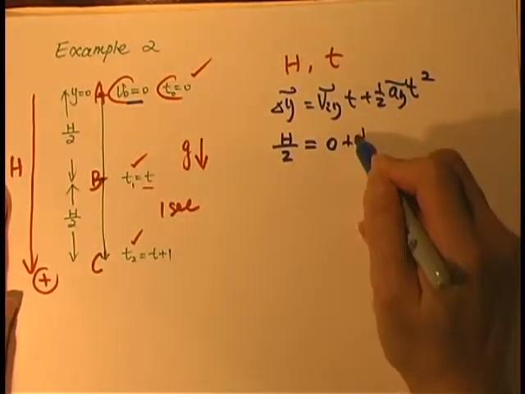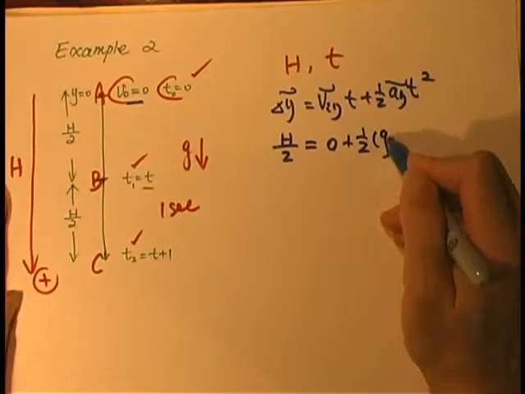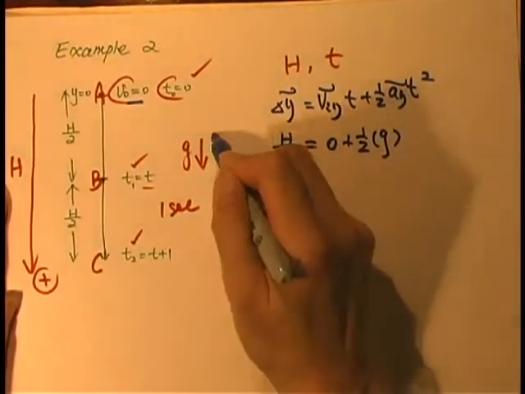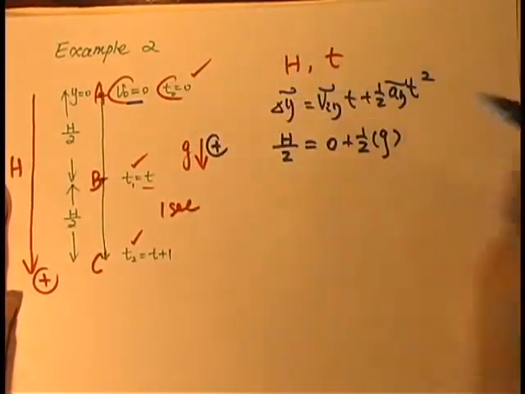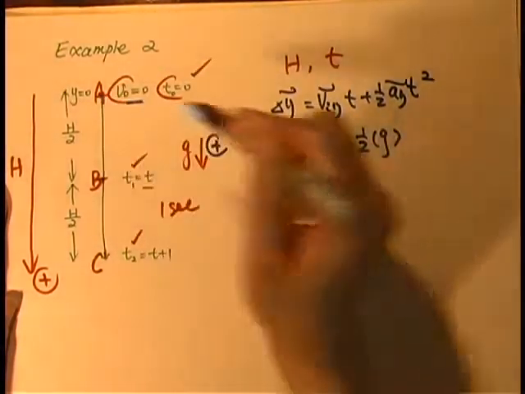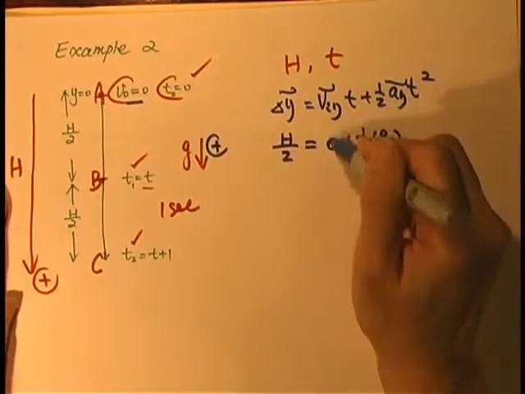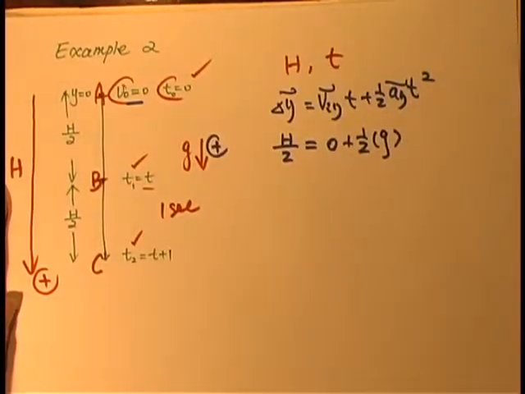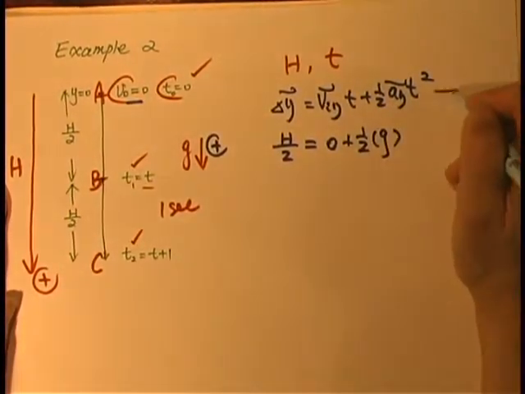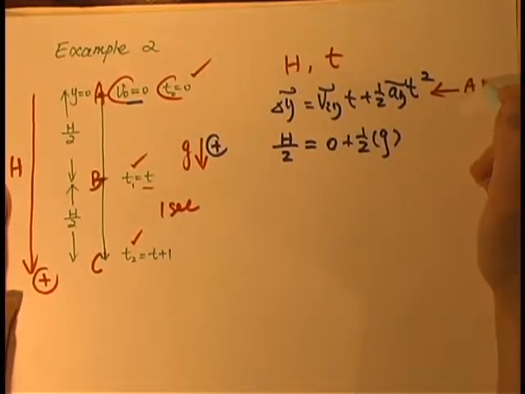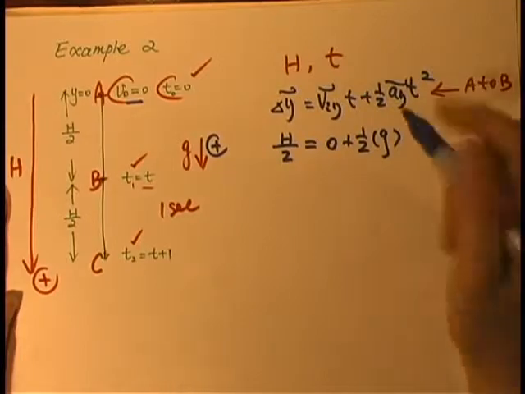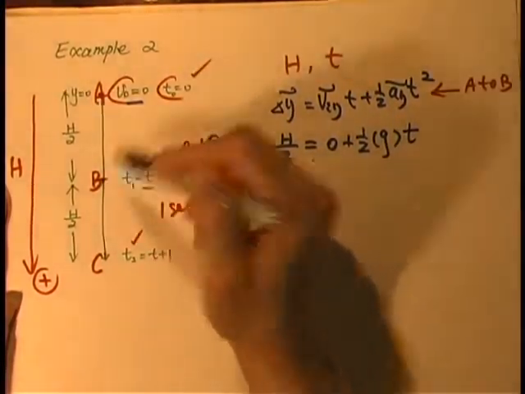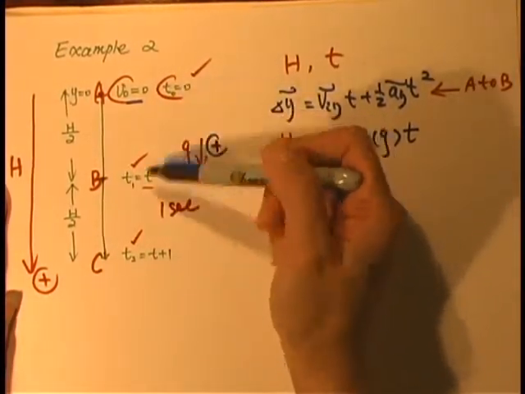And plus 1 half ay, which is positive g, because down is positive. t squared. We apply this equation because it's half h, from initial. Initial velocity is 0, so it's from A to B. So we apply this equation from A to B. The time is t seconds, because from A to B, t equals 0 to t seconds.